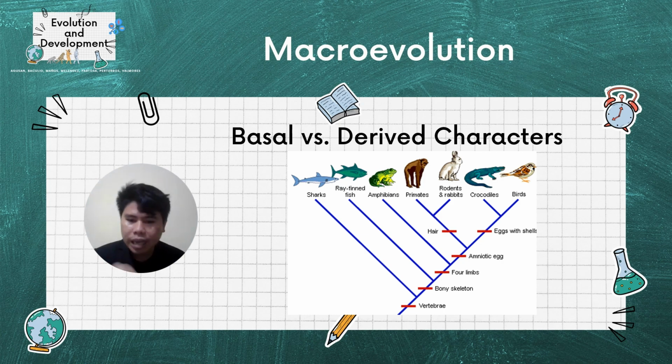So that taxon has what we call a derived characteristic. In the same way, eggs with shells, which are exclusive to crocodiles and birds in this example, we may refer to as a derived characteristic.